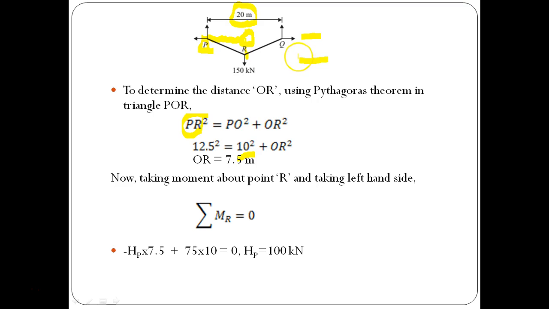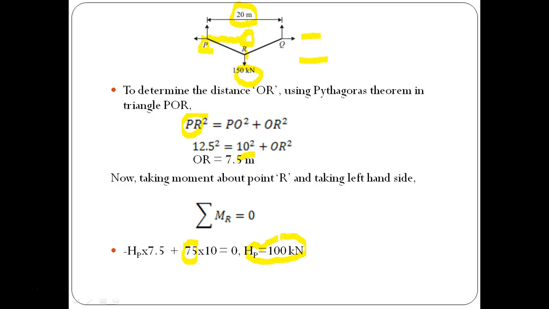So this is anti-clockwise, so that's the reason it's negative, plus 75, as we already told, this is 150 divided by 2, which is going to be this vertical force. So this is 75 multiplied by 10, and that is equals to 0. So here we will get horizontal force HP equals to 100 kilonewton.